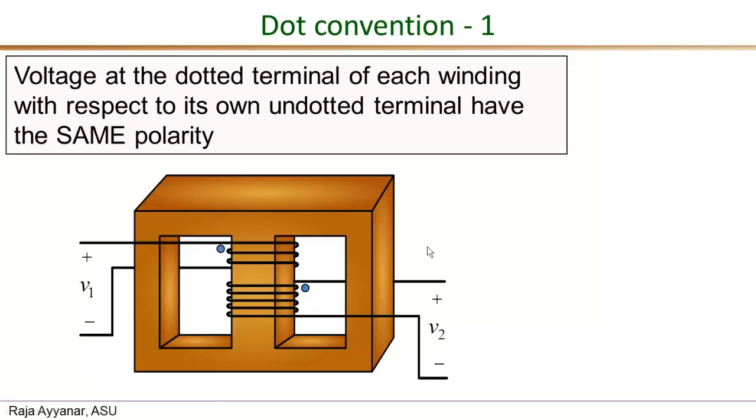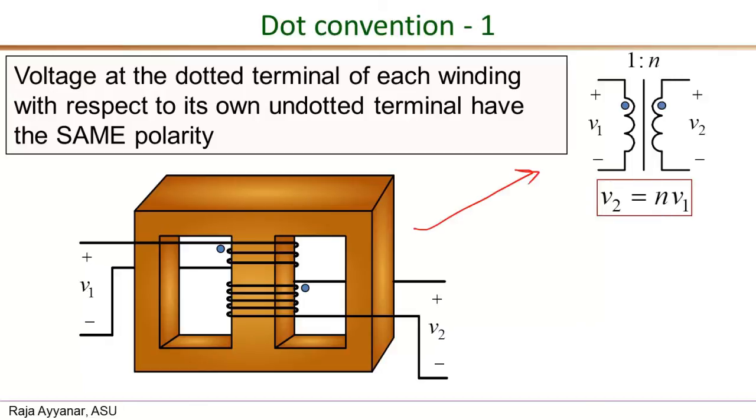This complete magnetic structure can be represented in a circuit schematic as shown here, in a power converter circuit schematic. The dot locations give the complete information that we need about the sense of winding direction of the 2 windings.